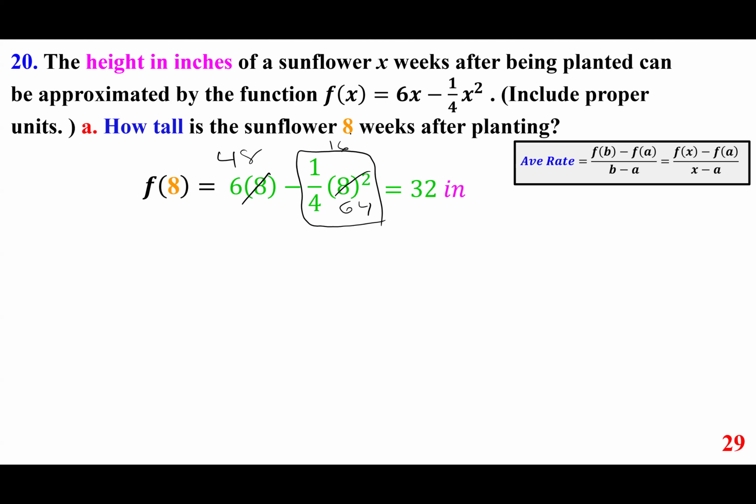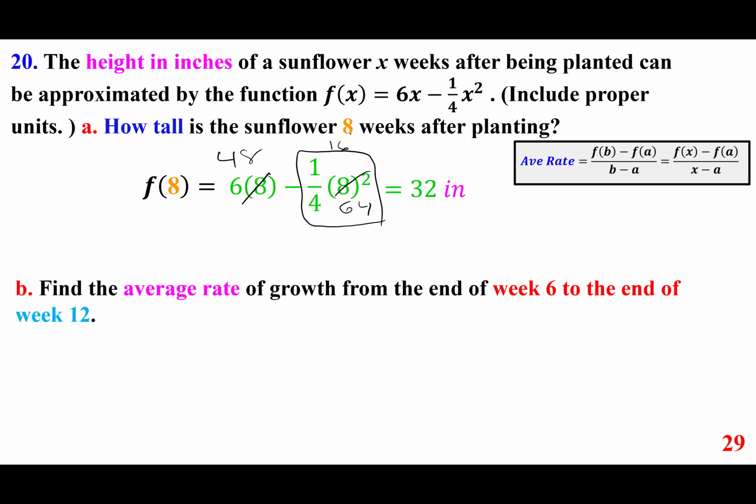So after 8 weeks, the sunflower plant is 32 inches.